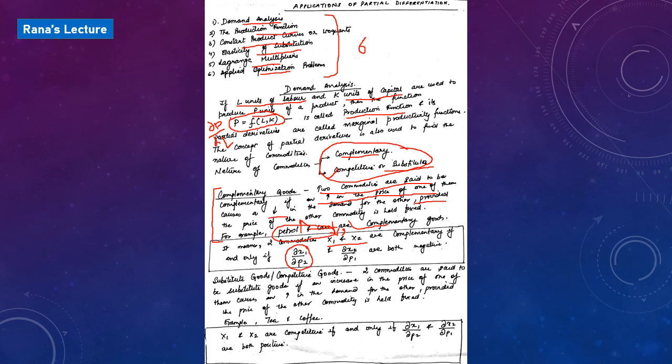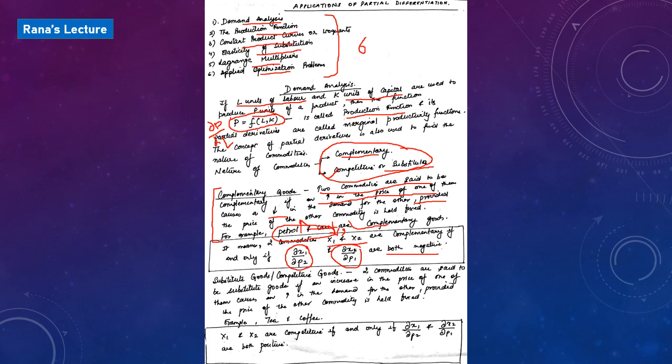Delta X1 by delta P2 इसका क्या मतलब है? इसका ये मतलब है कि what is the percentage change in quantity demanded of the first commodity, due to change in the price of the other. इसका मतलब ये है कि पेट्रोल की क्वांटिटी डिमांडेड में कितना परसेंटेज चेंज होगा अगर कार का दाम चेंज हो रहा है तो.